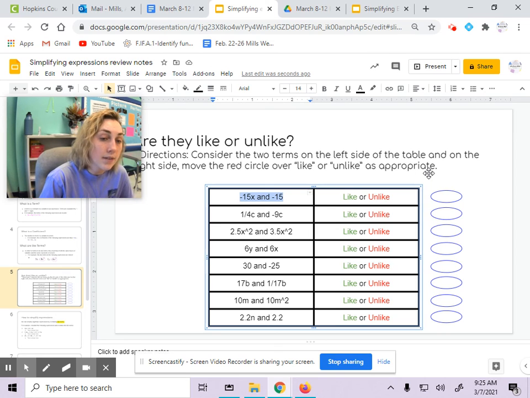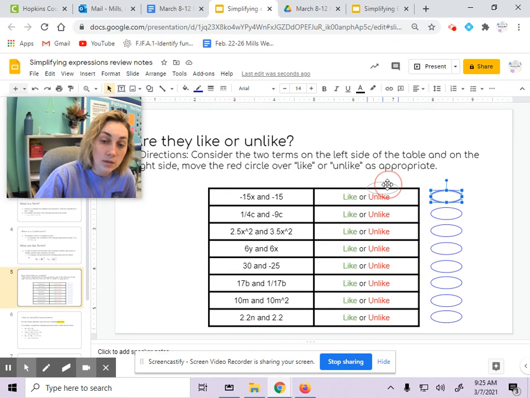These two have the same number, that is correct, but they are not like terms because they do not have the same base or the same exponent. This negative 15x has a variable of x. This negative 15 doesn't have a variable at all. So these are not like terms. You cannot combine them, so you put the circle over unlike terms.